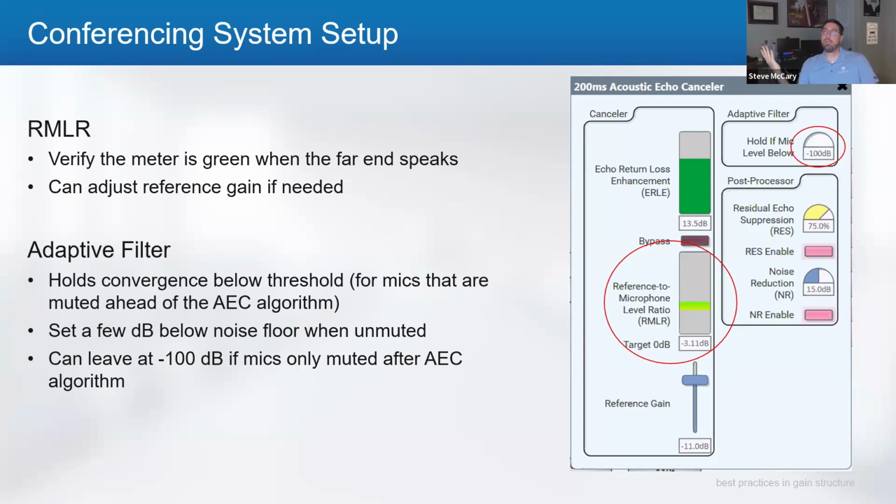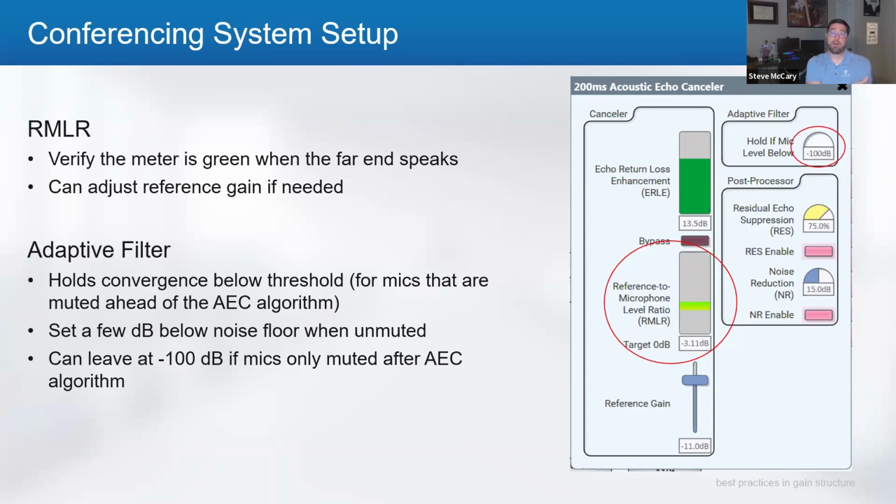So if that is something that you absolutely have to do, then you are going to want to set this level just a few dB below the noise floor when it's unmuted. What that'll do is when you mute that microphone and the input drops all the way to negative 100, it will keep all of the convergence on the adaptive filters. And then when you unmute it and start talking again, you're at least starting from there, and you don't have to wait for the entire algorithm to reconverge.